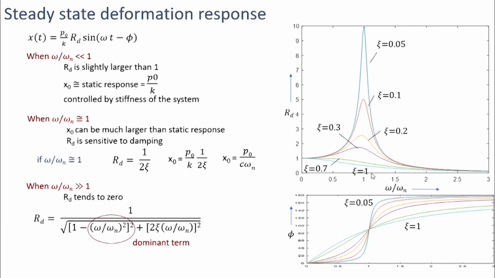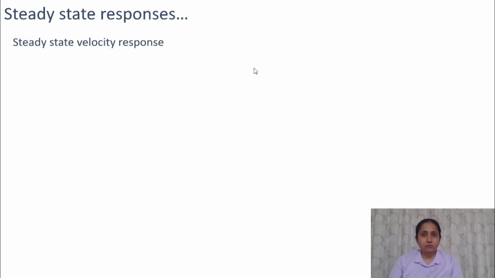So either make it lesser than the forcing frequency or make it higher than the forcing frequency. Now let's see the velocity and acceleration response at steady state. So this is the displacement response at steady state, which is equal to P naught by K Rd sine omega t minus phi.